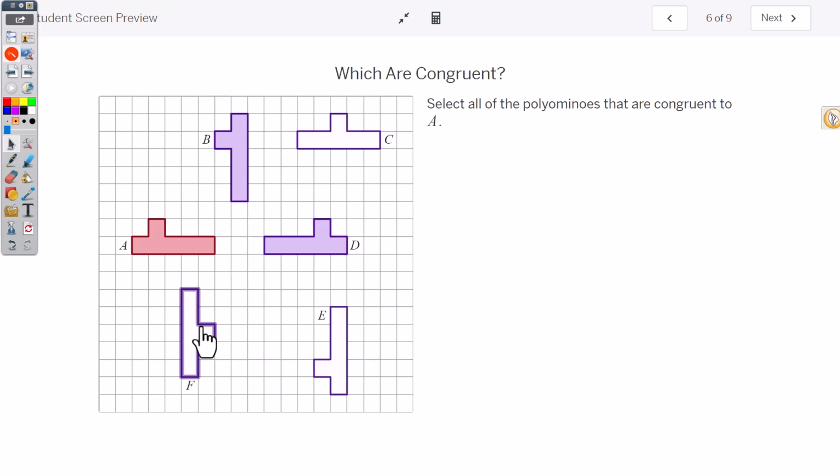So those are congruent. A and F are not congruent because, again, that extra little piece is in a different spot. There's no transformation that I can do that will map A onto F. And with E, I could rotate figure A counterclockwise by 90 degrees and get it to E. So just because they all have the same perimeter and they all have the same area doesn't mean they're congruent. They have to have the same shape.